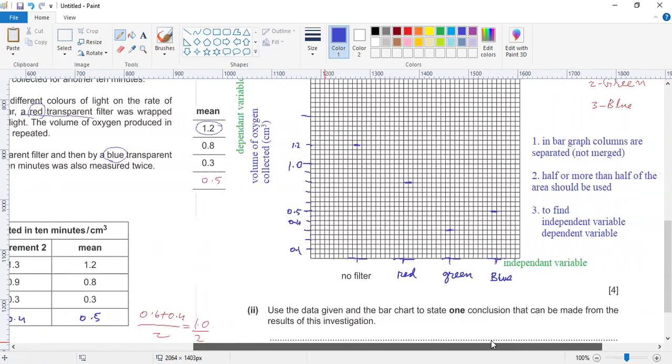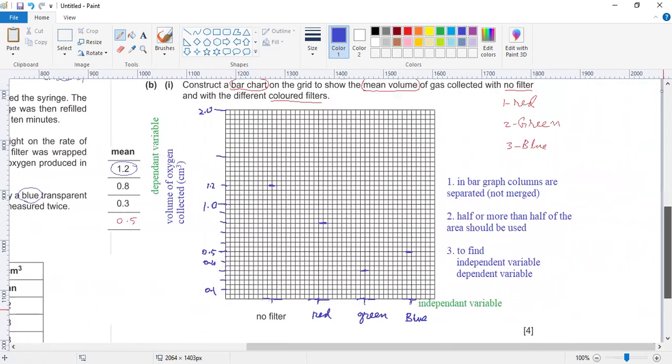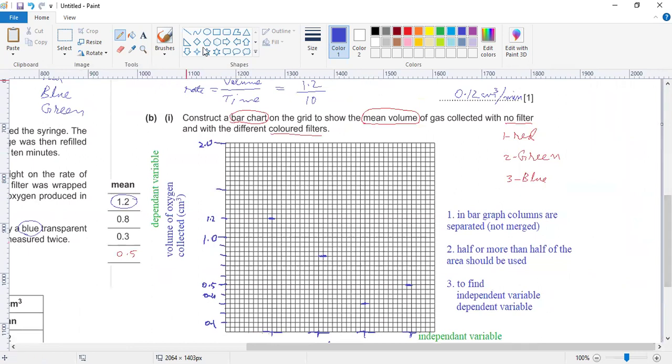So after marking, you just draw the bars by using your scale. Right now I can draw like this because I'm using this tool. This is one bar. This is the second bar.